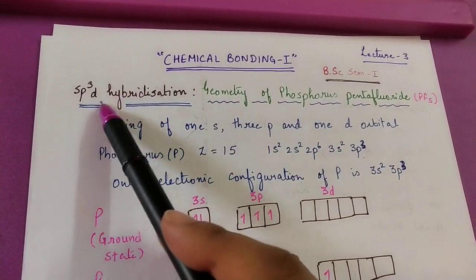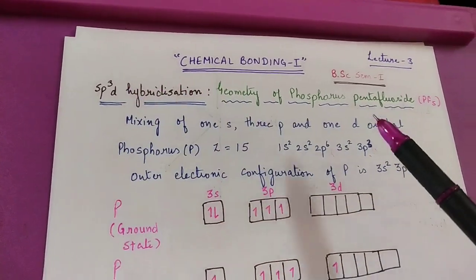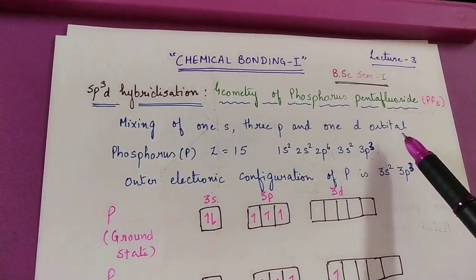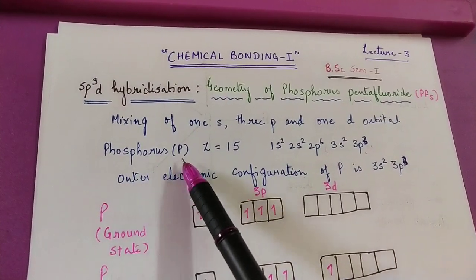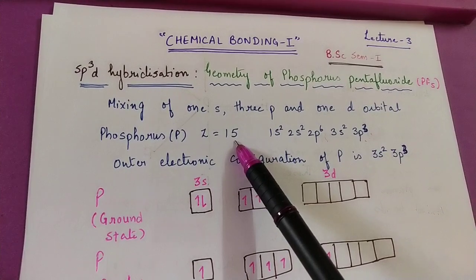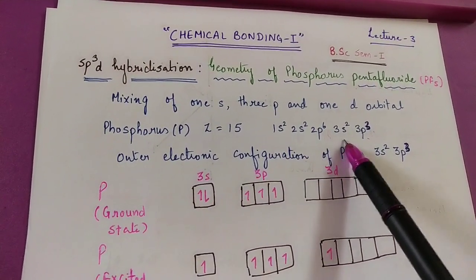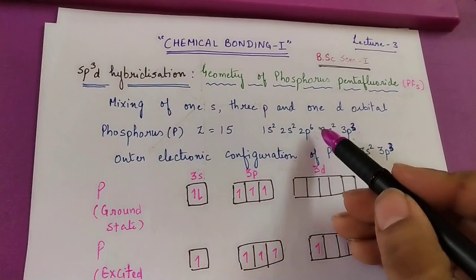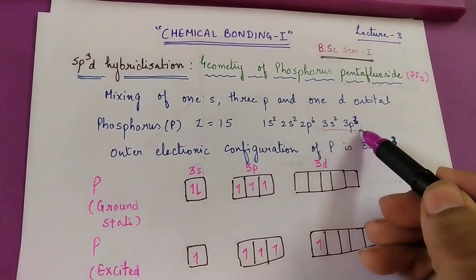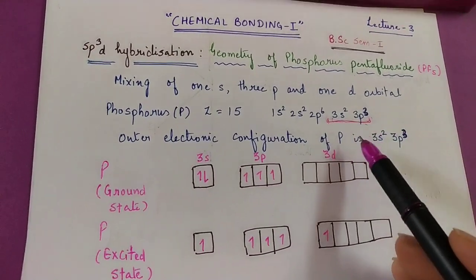So sp3d means 1s, 3p and 1d orbitals mixing occurs, and phosphorus is represented as capital P, Z equal to 15 atomic number, and the configuration is 1s2, 2s2, 2p6, 3s2, 3p3. As you know, we will always take the outer electronic configuration, the valence shell, which is 3s2, 3p3.